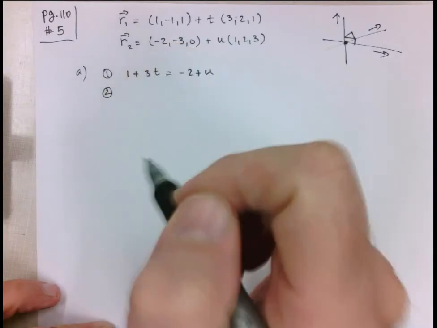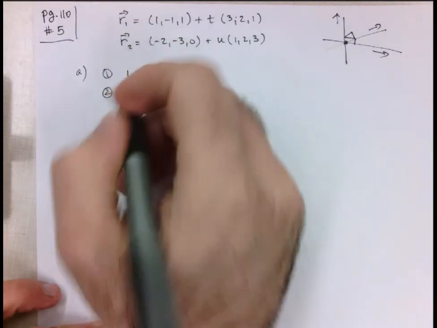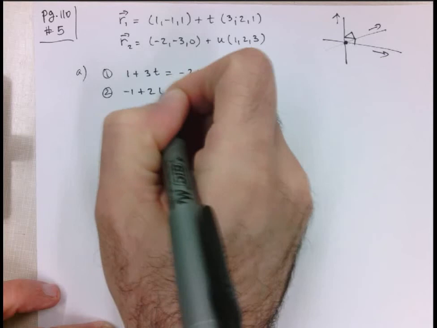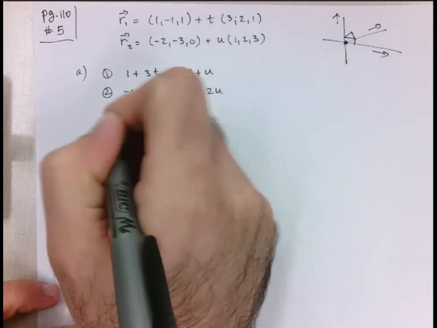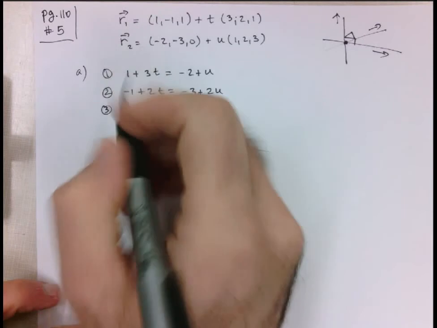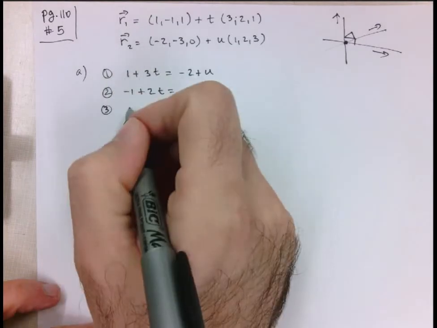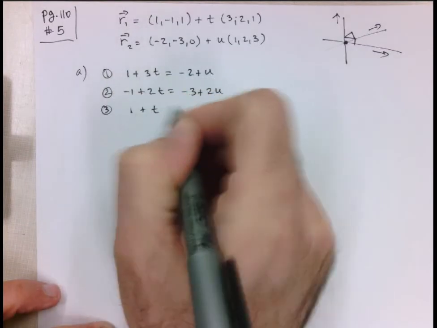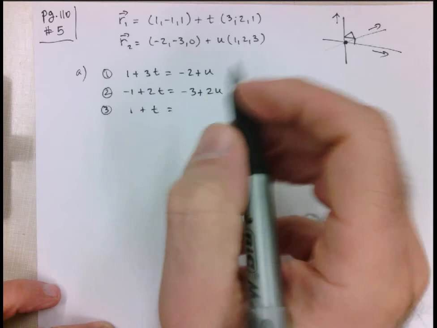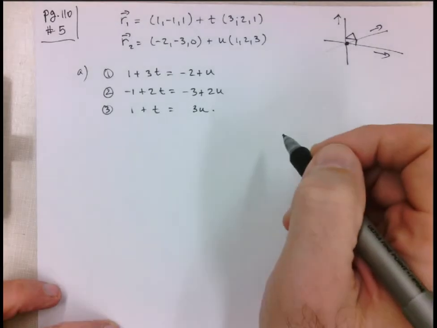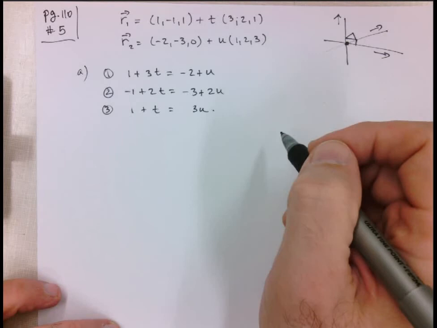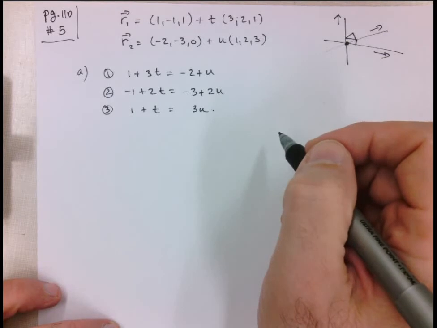Then negative 1 plus 2t has to be equal to negative 3 plus 2u. And then our third equation, the z components: 1 plus t is equal to 0 plus 3u.